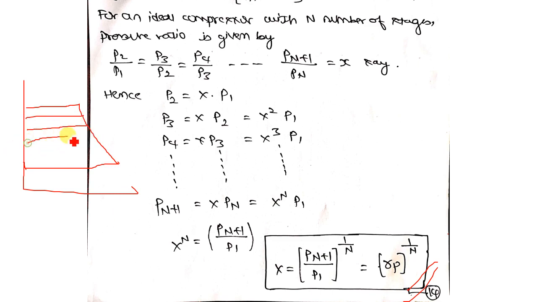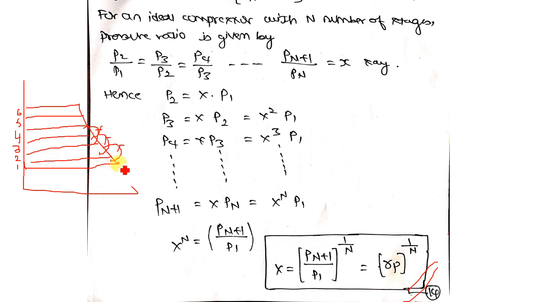So it is taking place in a multiple cylinder arrangement subjected to the condition that the pressure ratio at every stage remains the same, that is P2 by P1 is equal to P3 by P2, equal to P4 by P3, and so on. It has a constant pressure ratio, so at every stage it is developing an equal amount of pressure. It goes up to Pn plus 1 divided by Pn.